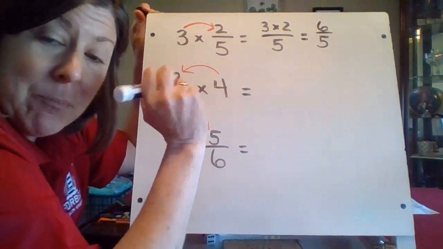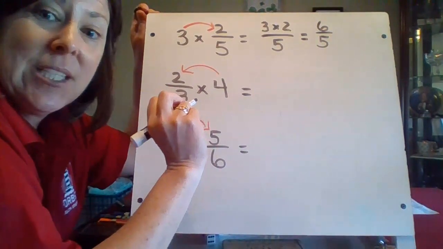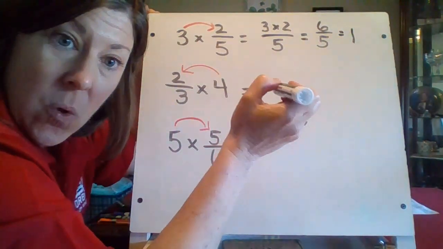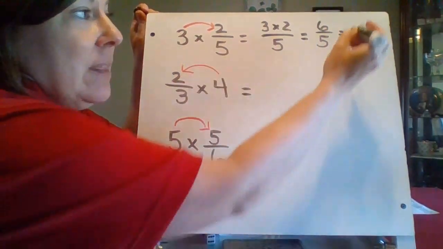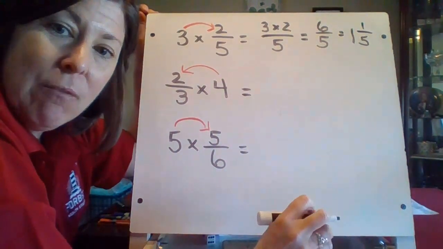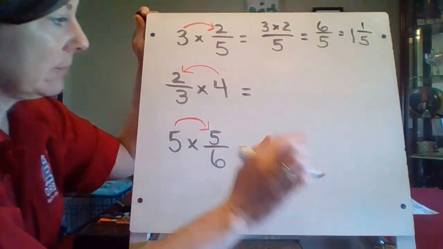Now again, that's improper. I want to rewrite those 6 fifths as a mixed number. I can get 1 whole, or 5 fifths, with a remainder of 1 fifth. So final answer, 1 and 1 fifth.